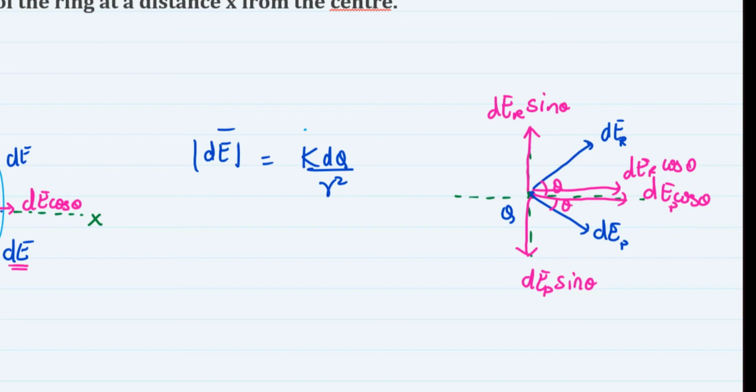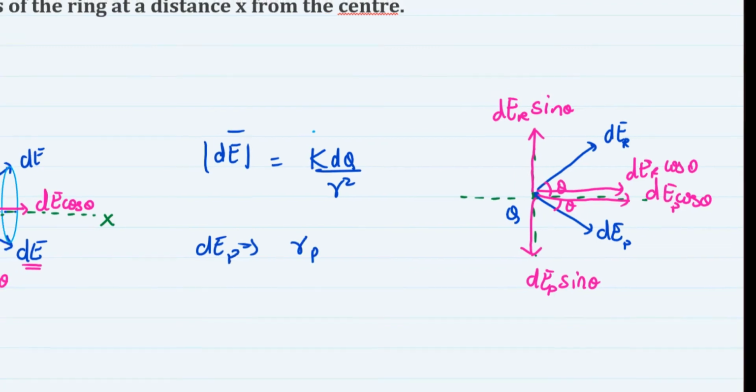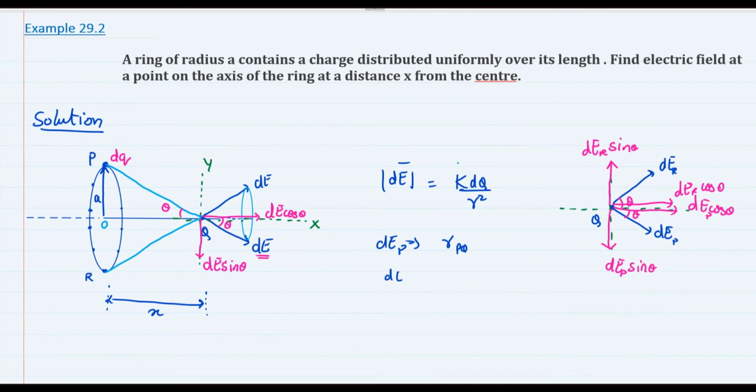For dE_P, r will be PQ, and for dE_Q, r will be nothing but RQ. Now, RQ is equal to PQ. This we understand because both the triangles are congruent. So I am assuming this to be some radius r.